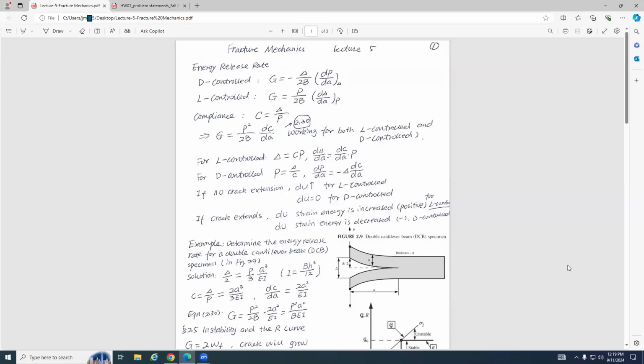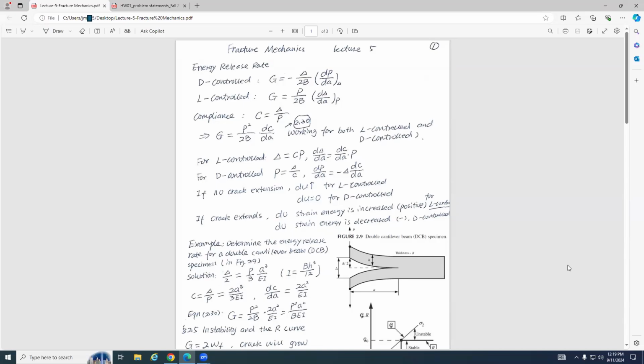That means the applied load required to achieve this desired displacement becomes less and less. You guys agree? Okay, so this is load control, and this is displacement control.